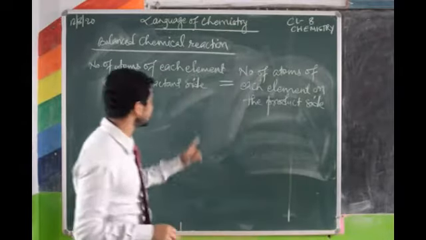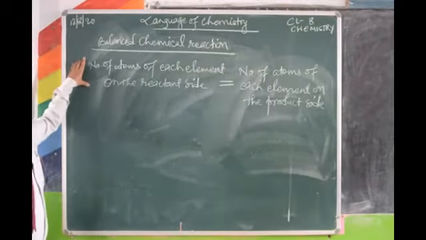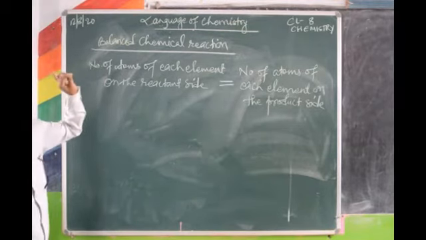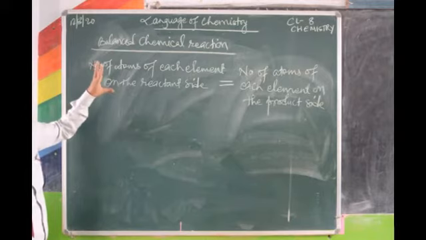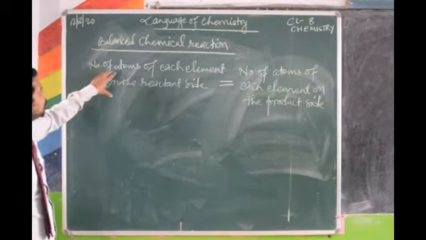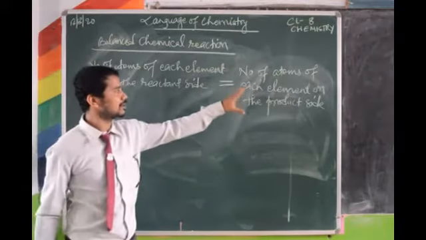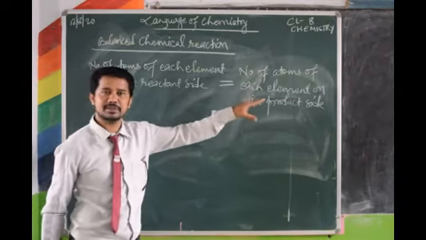So, this is a balanced chemical reaction, a reaction in which the number of atoms of each element on the reactant side is equal to the number of atoms of each element on the product side.